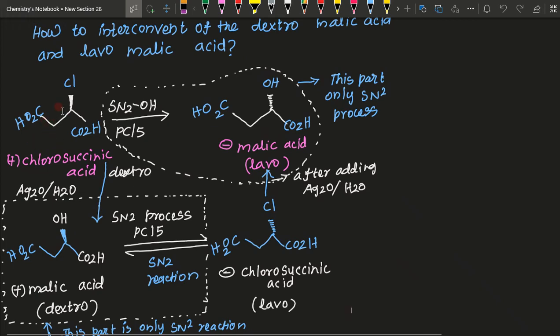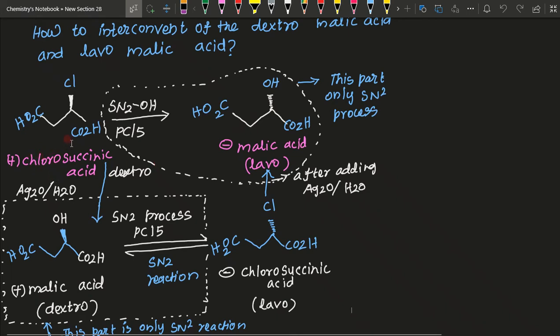This is plus chlorosuccinic acid. When treated with SOCl2 or PCl5, we get minus malic acid, the levo form. This is levo, this is dextro. This is the malic acid.